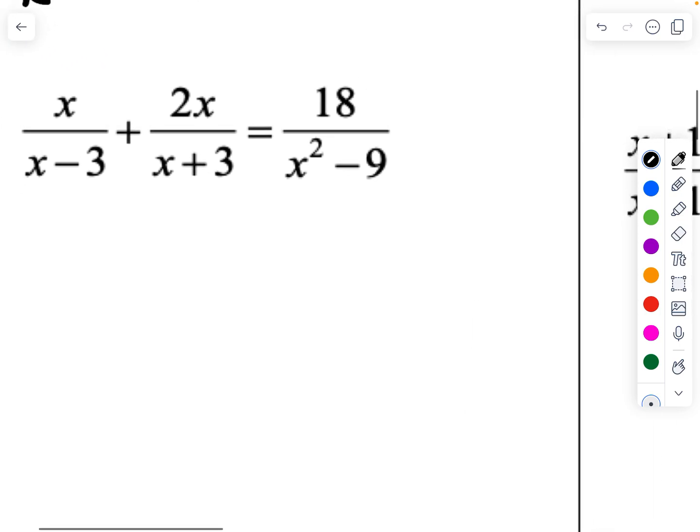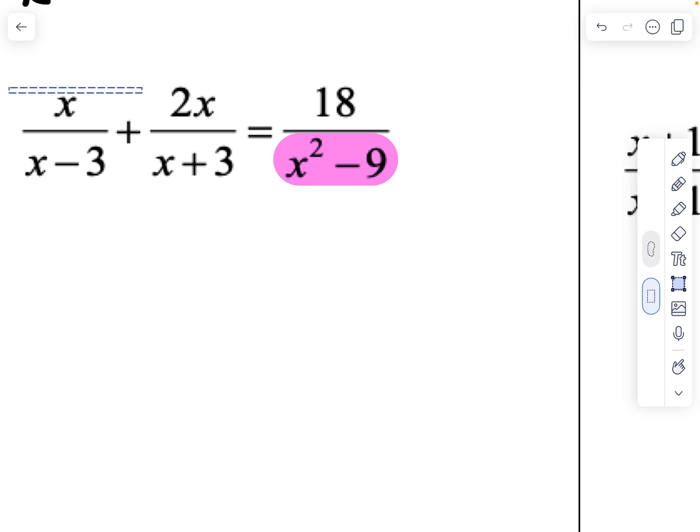So this one. The first thing we want to notice is that we have an interesting issue right here, that is factorable. Everything else is going to stay exactly as it is.